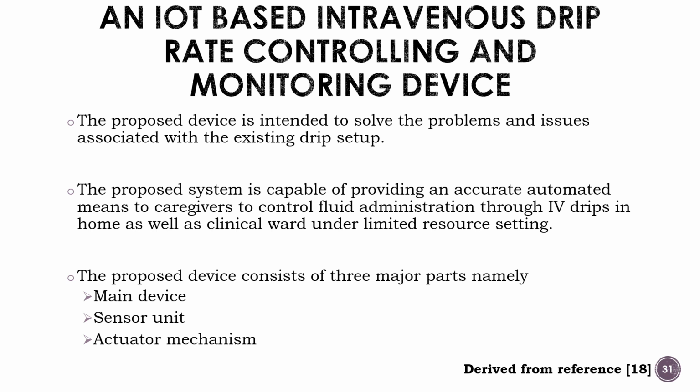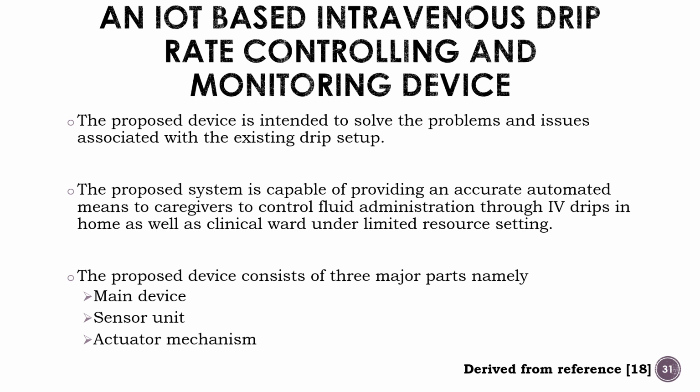The proposed system is capable of providing an accurate automated means to caregivers to control fluid administration through IV drips in home as well as clinical ward under limited resource setting. The proposed system consists of three major parts, mainly main device, sensor unit, and actuator system.